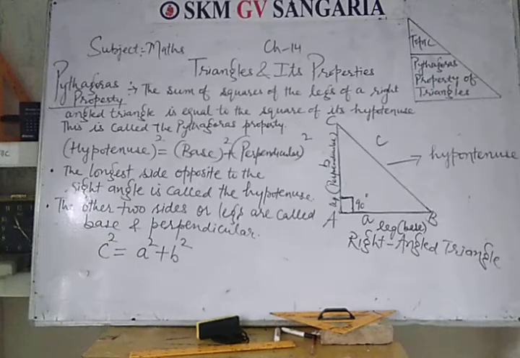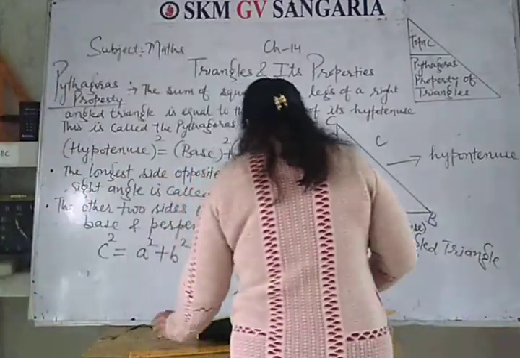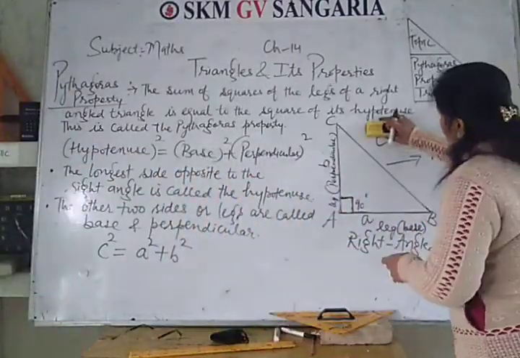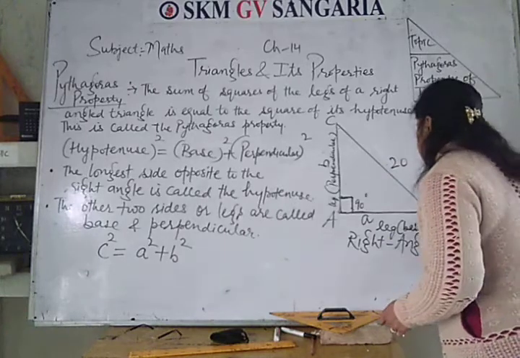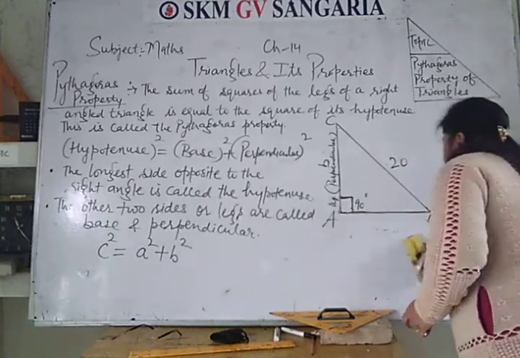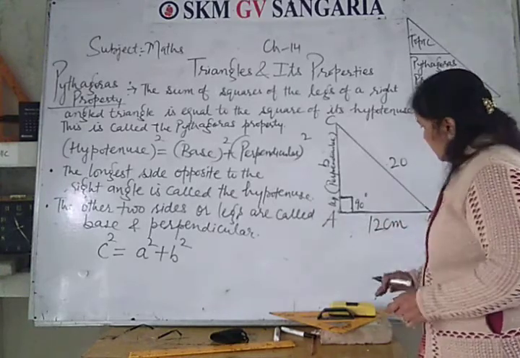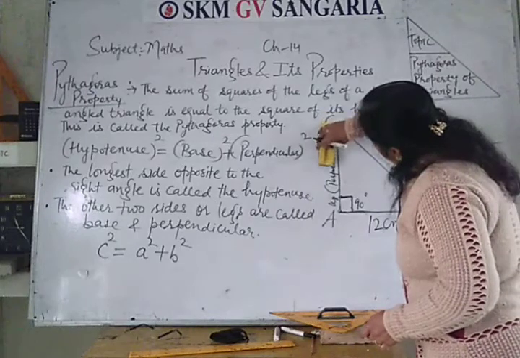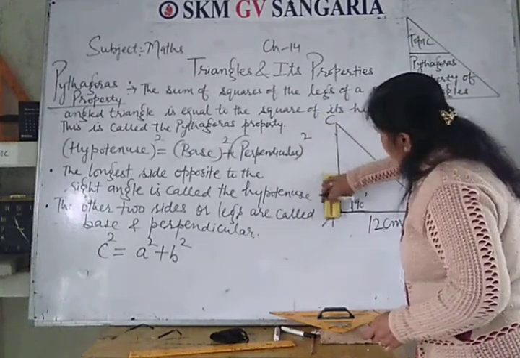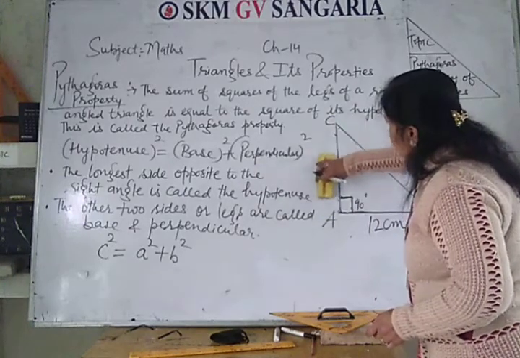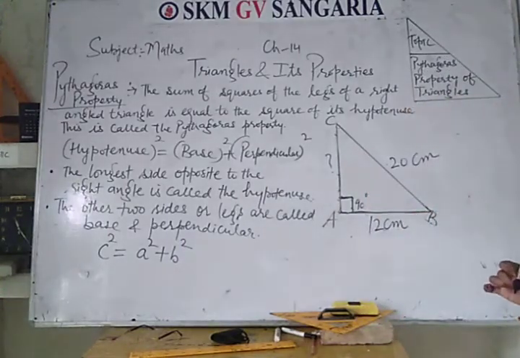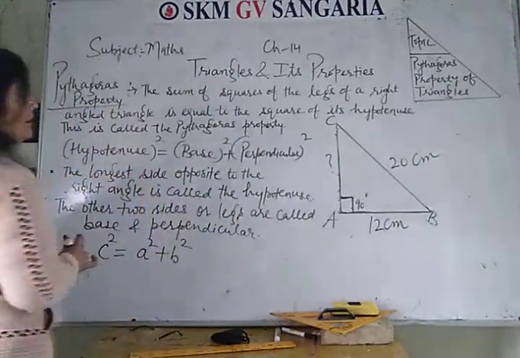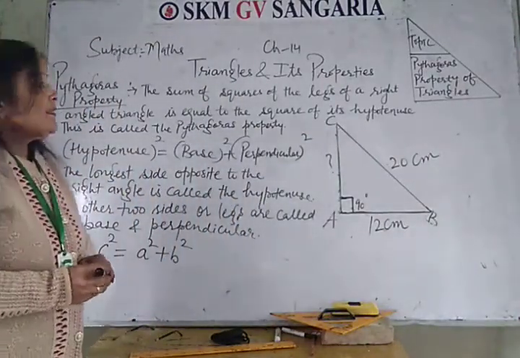I am doing question number 2, part A. Hypotenuse is 20 and base is 12 centimeters, and you are asked to find this side. This is a right angle triangle.